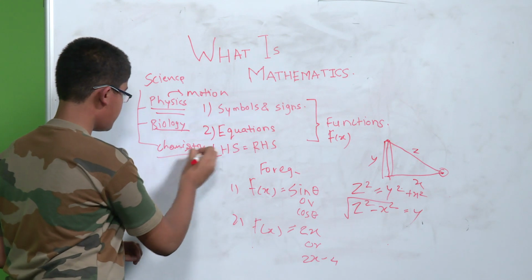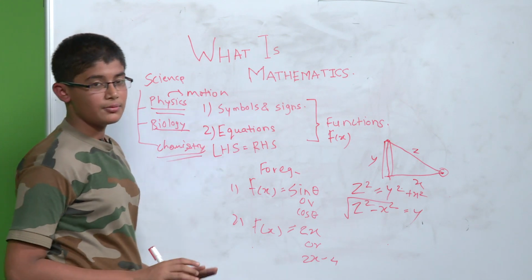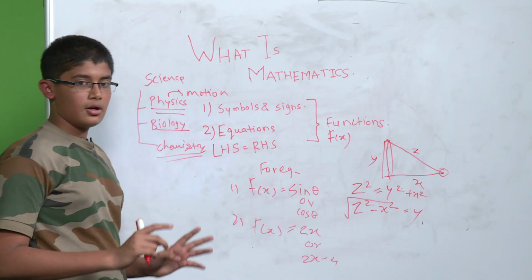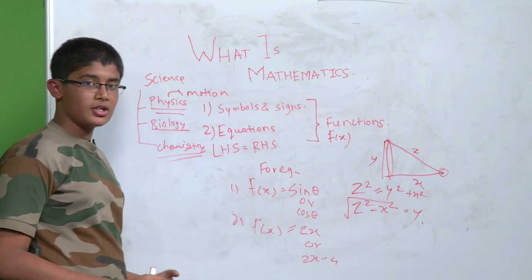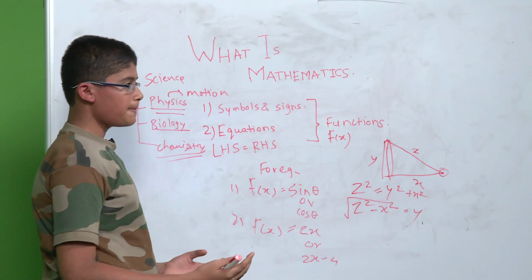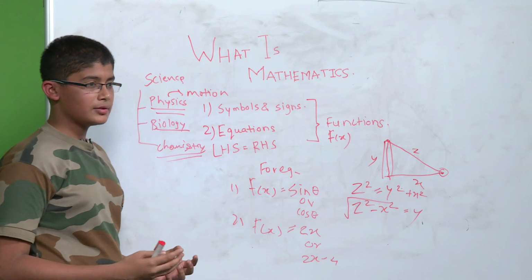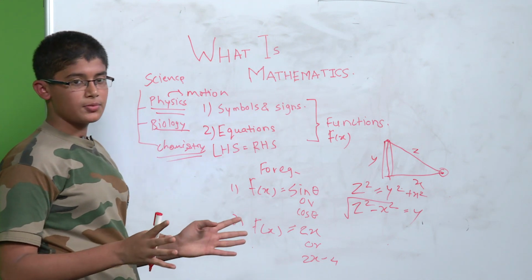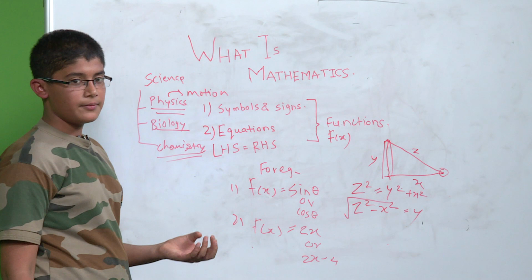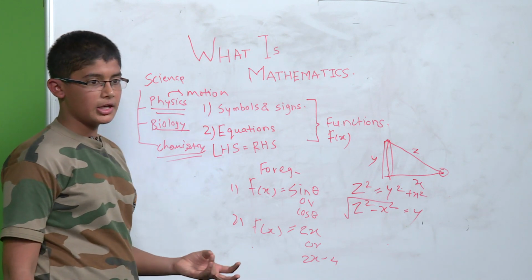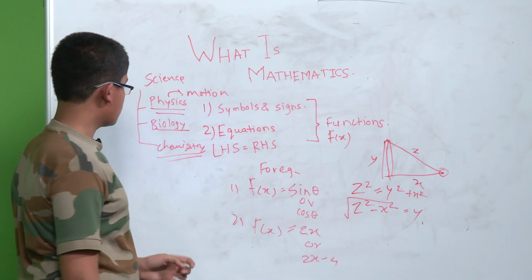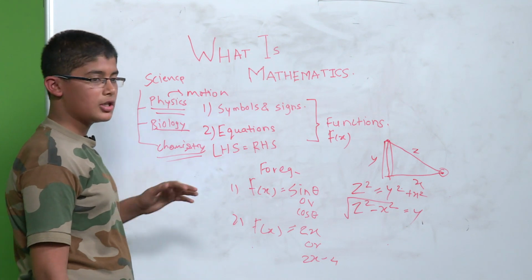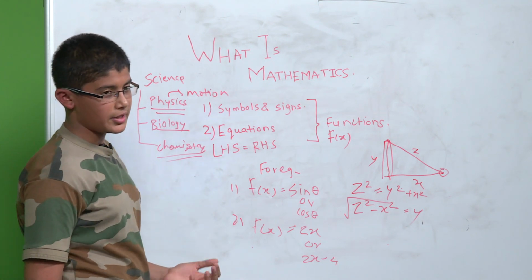And chemistry comprises reactions. The main part in a reaction is the rate of reaction. The rate of reaction has different subgroups like mole concept, equations, chemical bonding, etc. In all these subgroups we have to use mathematics.